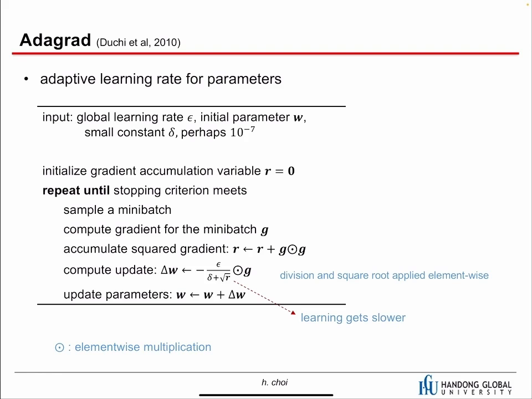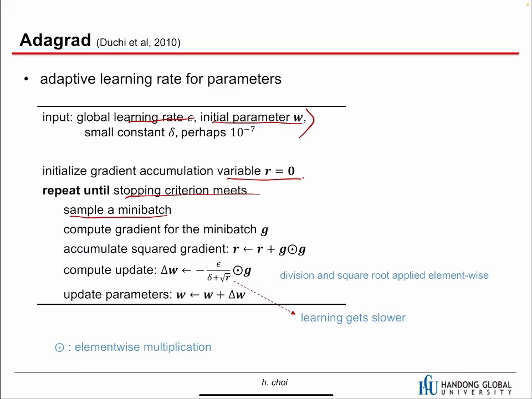First, initialize the cumulative variable r with a zero vector. The other parameters are the same as before: the learning rate and initial parameters are initialized in the same way, and we use the same stopping criterion, and then take the mini batch.